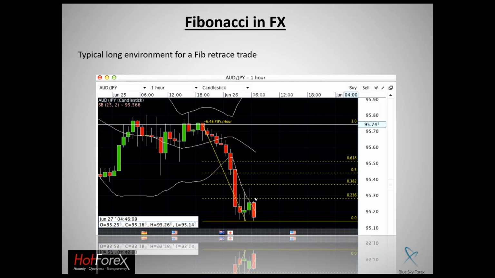You can trade in the other direction as well after the price has reached the first retracement line, if you are confident that the price will continue in the direction of the trend.